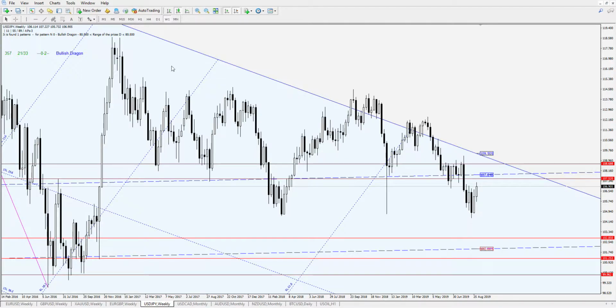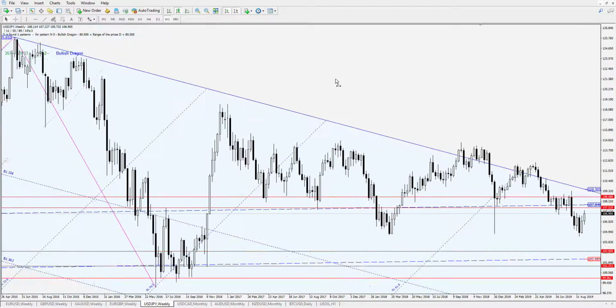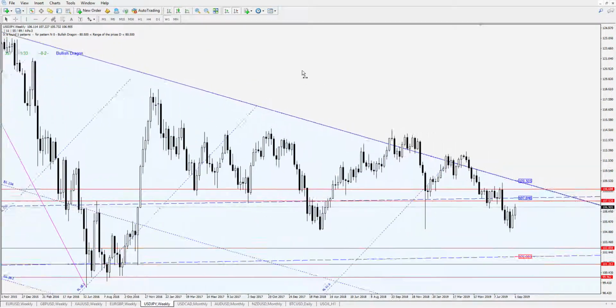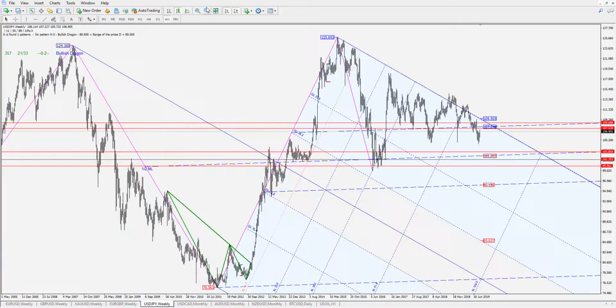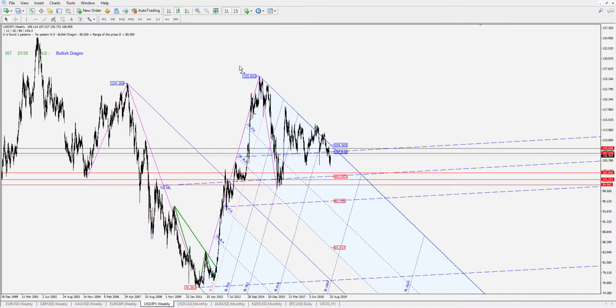So yeah, it needs to break this, but we'll see. It broke, and it fell. Another attempt, and then it fell. So maybe third time's the charm. But yeah, it's quite strong, that resistance line on the pitchfork. So yeah, that's what it looks like.